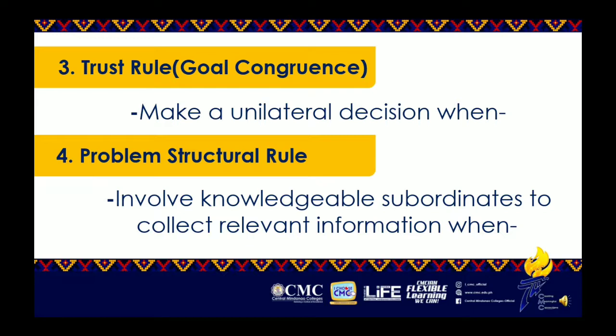And the last rule is the problem structure rule. Involve knowledgeable subordinates to collect relevant information when the quality of the decision is important, the problem is unstructured, and you lack sufficient information or expertise. So in this rule, this involves expert subordinates in decision making.